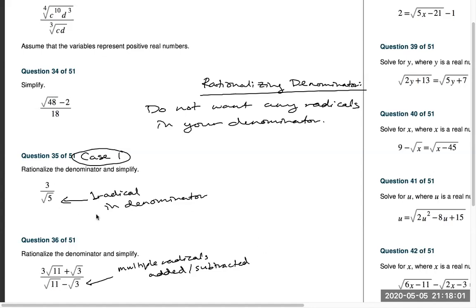So this part here is a monomial, and this is a binomial in this case. All right. So let me clear all this out. Sorry, it's case two.